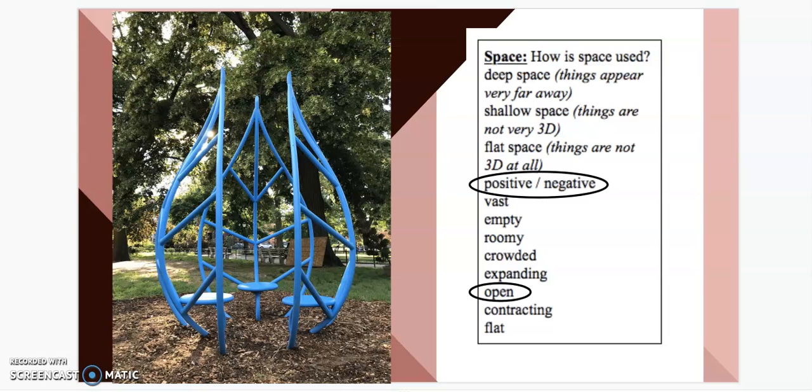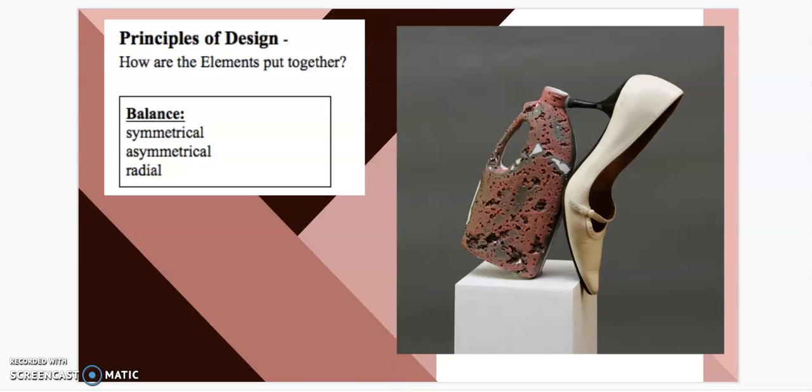But you can also say that the use of space is open because it's open in the center. The lines, the walls, the structure of the sculpture, they're not very thick. So again, you can look at this. Yes, most artworks use positive and negative space, but they also use space in other ways as well.